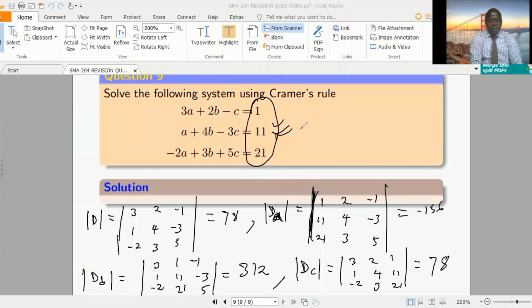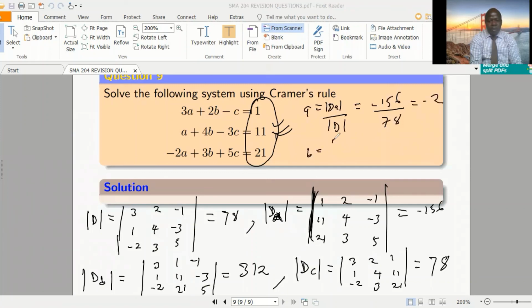Now, let's go to the solutions. What is A? A is the determinant of dA divided by the determinant of D. This is negative 156 divided by 78, which gives me negative 2. What about B?